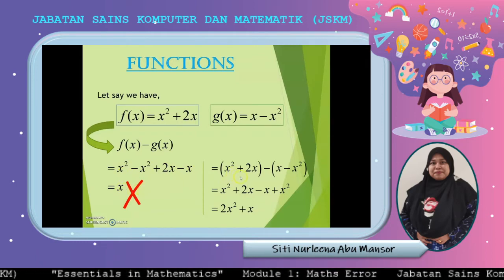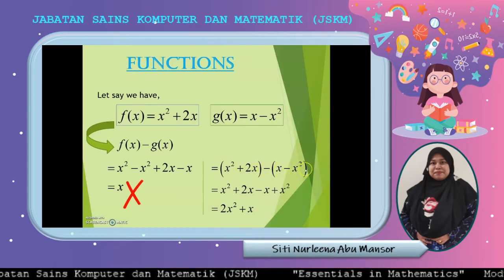So what is the correct solution? Students are advised to put brackets for each function. Let's say here the first bracket is f(x), and then minus the second bracket containing g(x).